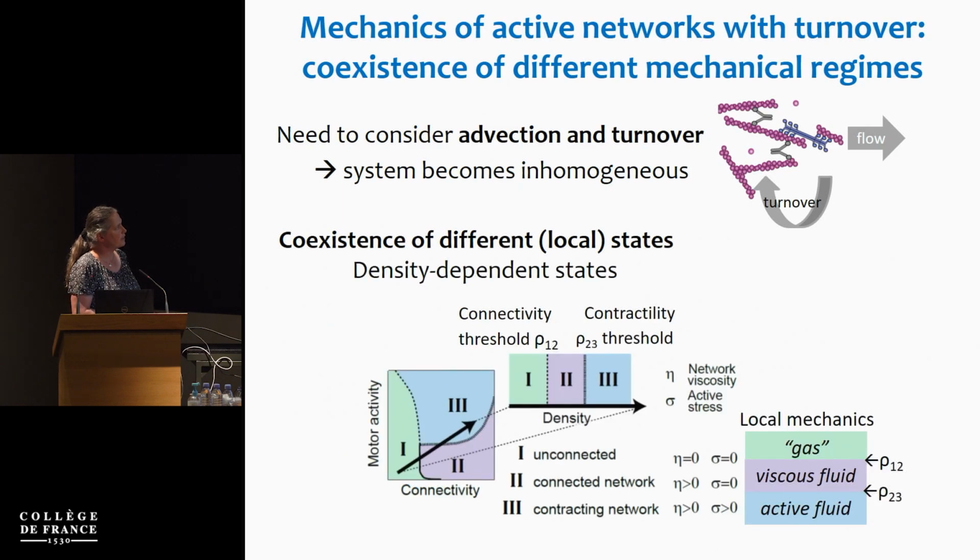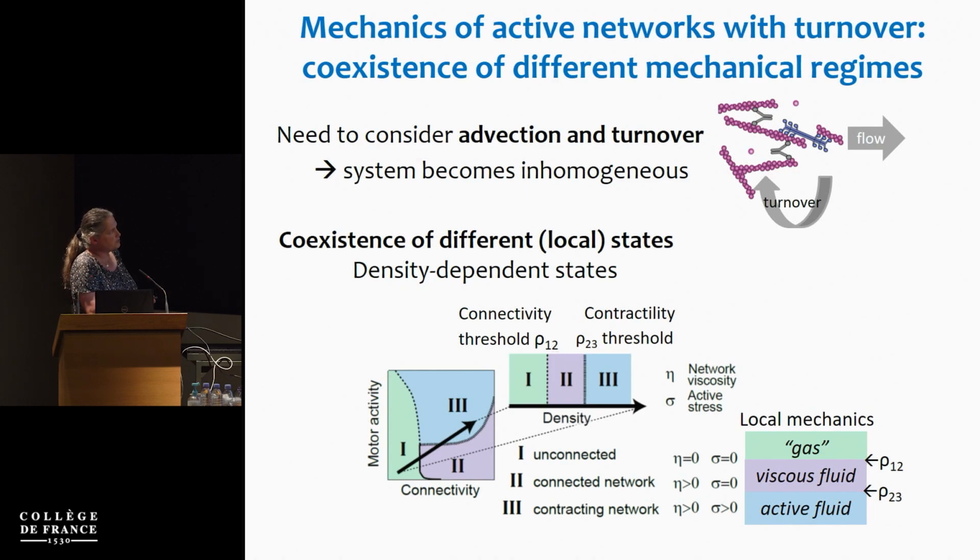Actually, the local contraction will emerge when we consider the spatial distribution of the system. And just to simplify things, rather than taking this two-dimensional state diagram, we'll think of it just as a function of density as a single parameter. If the density is changing, probably both the motor activity and the connectivity are increasing. So basically, as a function of density, you can think of the system spanning a curve in this state diagram.